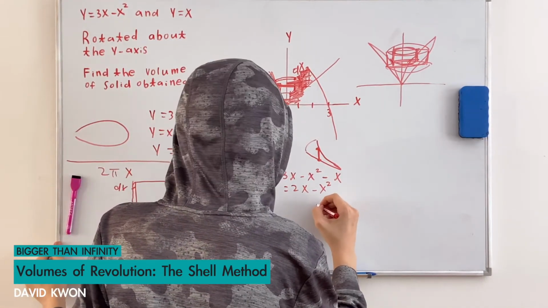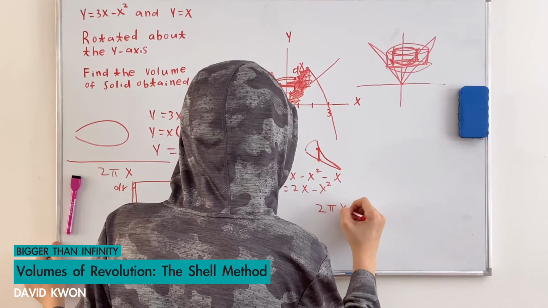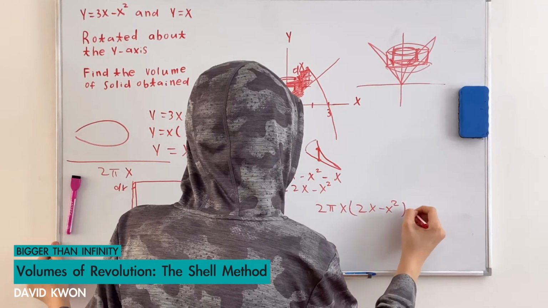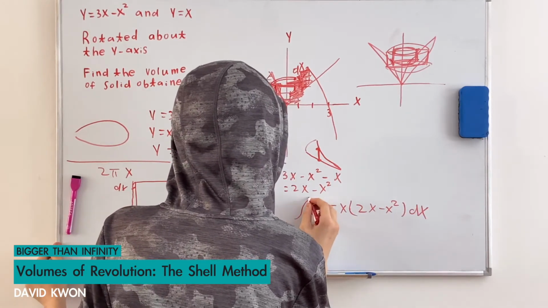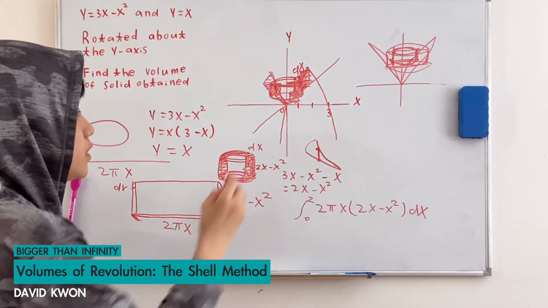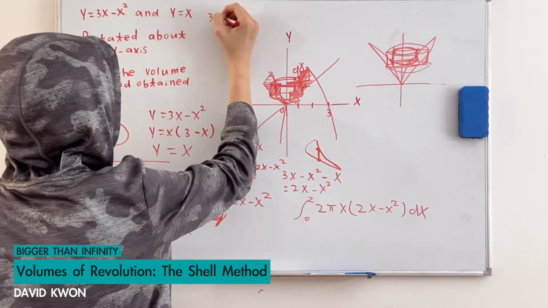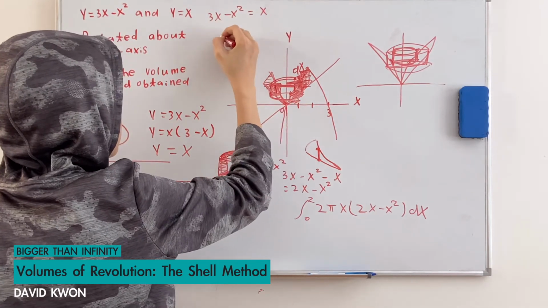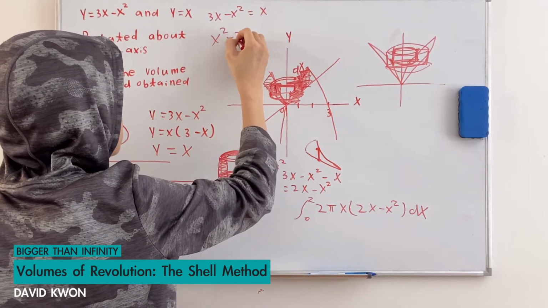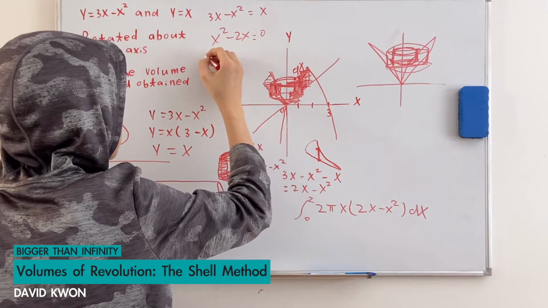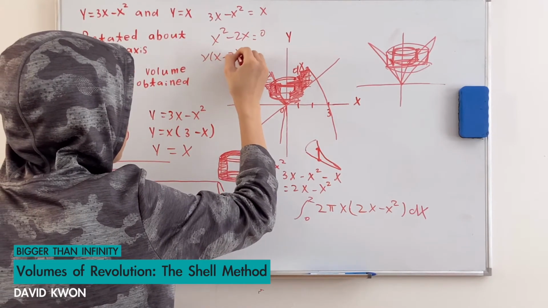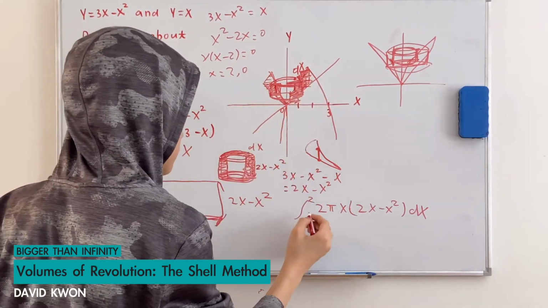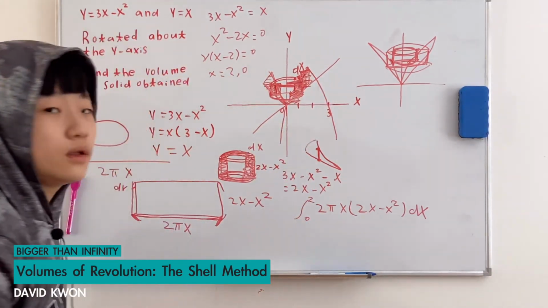So we have the integral from 0 to 2 of 2 times pi times x times (2x minus x squared) dx, because when we set 3x minus x squared equal to x, that is where they intersect, when x is equal to 2 and 0.